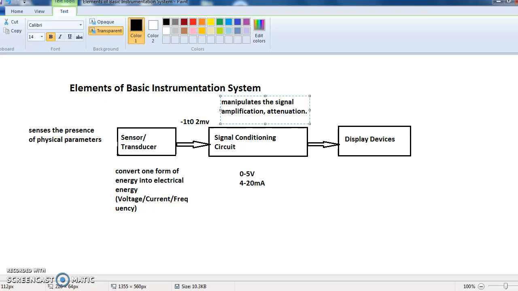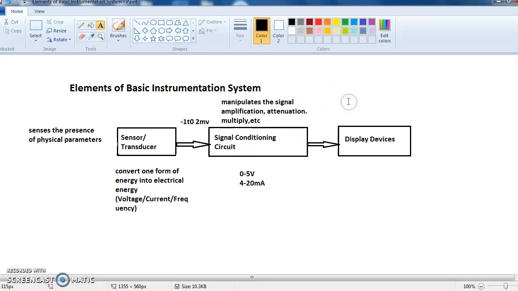I can multiply the signal, etc. So, as per the demand of the circuit, I can manipulate the signal. So the signal conditioning circuit is very important, so that I can get output in the form of standards that is required to pass from one location to another location.